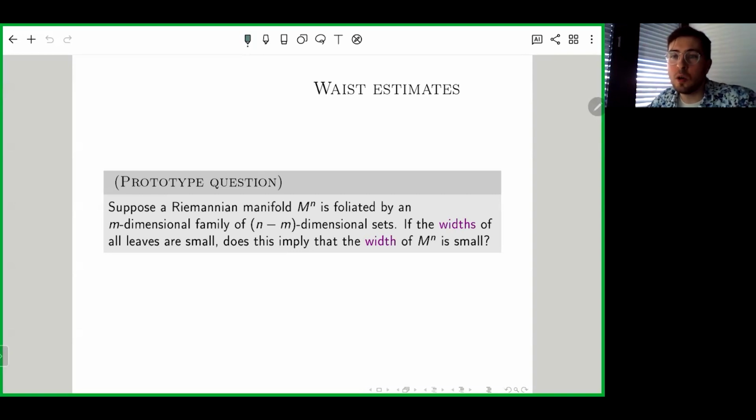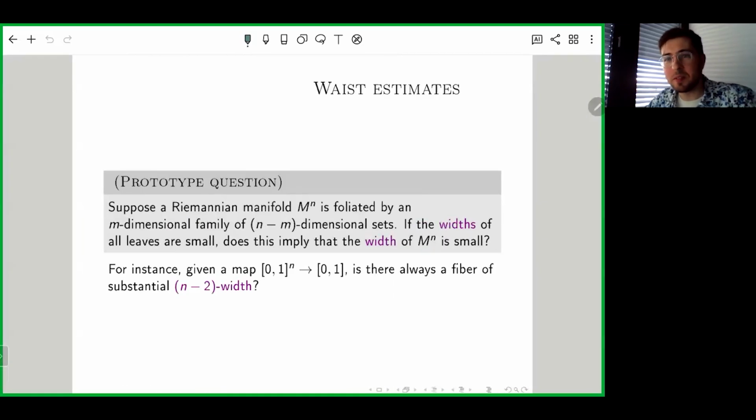And assume that I know something about, let's say, the supremal width in a certain dimension of those leaves of the foliation. Does it imply something about the width of the whole space? So that's the modal question. And I'm going to survey a few variations on this question in the remaining time.